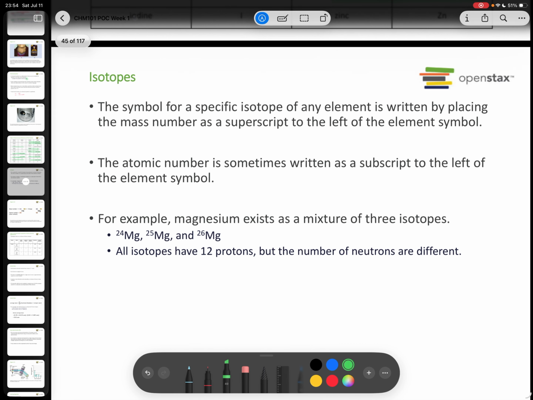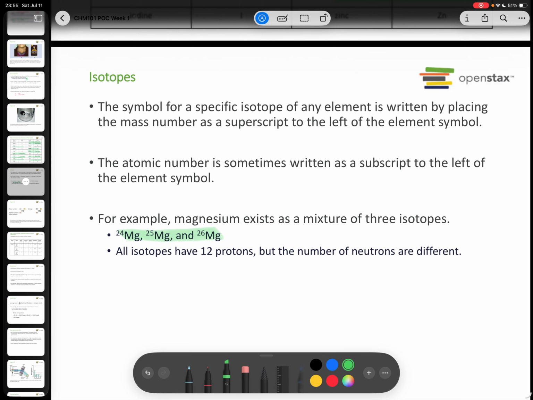Okay, so an isotope naman is written by placing the mass number as a superscript to the left of the element symbol. So sometimes the atomic number is written as a subscript to the left. For example, yung magnesium has isotopes magnesium 24, 25, 26.